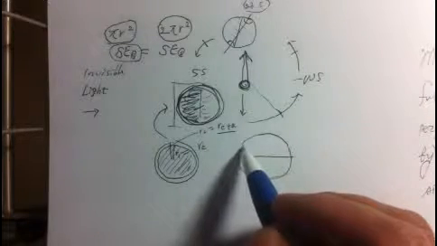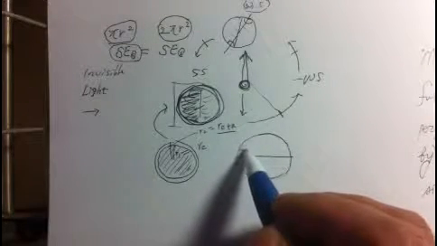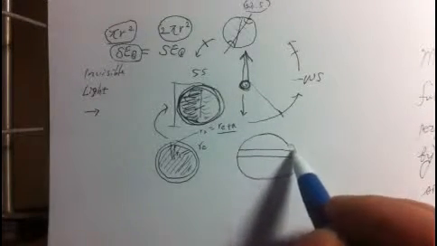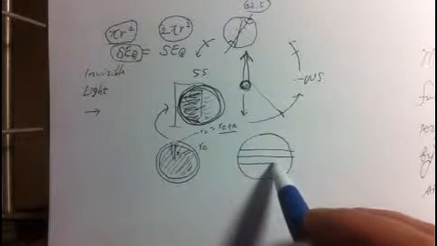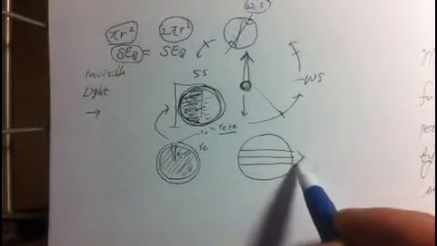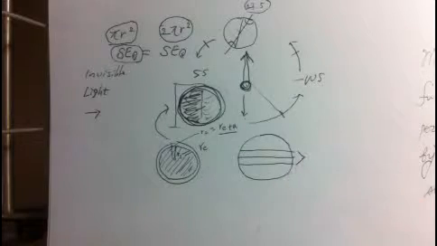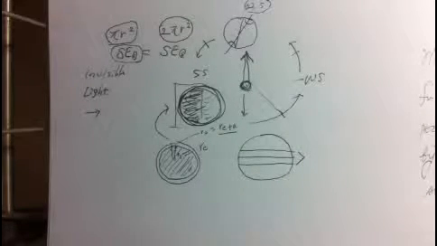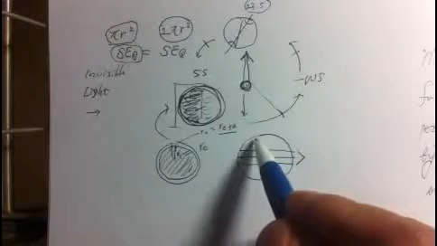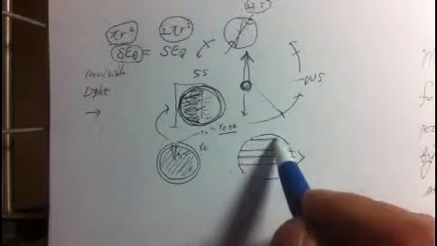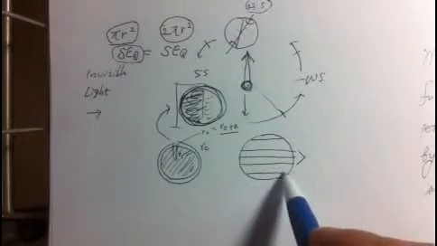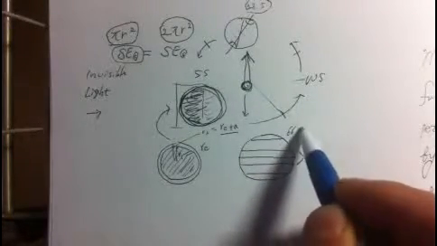This is 23.5 latitude here, 23.5 latitude here. These two lines are very important in Earth's environment. And the Tropic of Cancer to Tropic of Capricorn, and also the polar zone, this is 66.5.